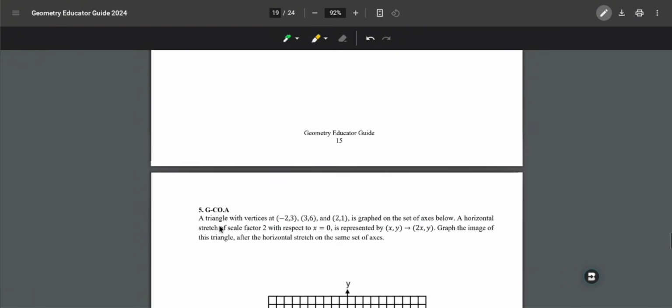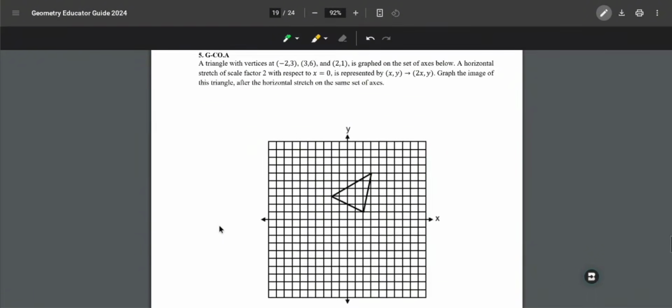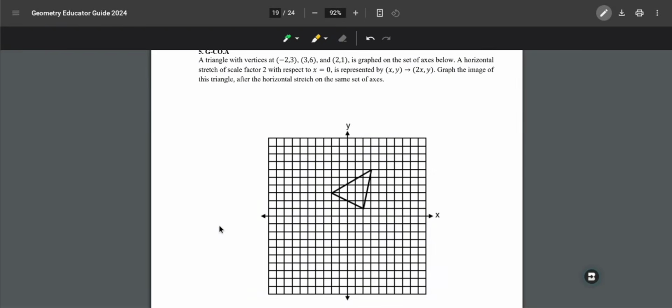Next question. Number 5 says, a triangle with vertices at -2, 3, 3, 6, and 2, 1 is graphed on the set of axes below. A horizontal stretch of a scale factor 2 with respect to x equals 0 is represented by xy turns into 2xy.